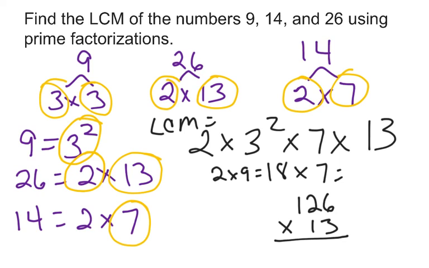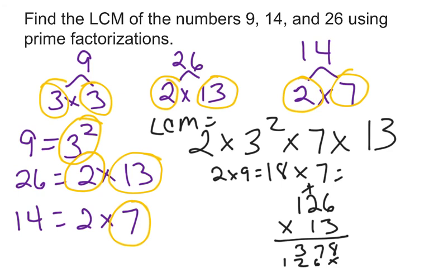I'm going to do this one the old-fashioned way. So I have 6 times 3, 18, carry the 1. 3 times 2 plus 1, 7. 3 times 1 is 3. Hold my spot. And I have 1 times 6, 1 times 2, and 1 times 1.